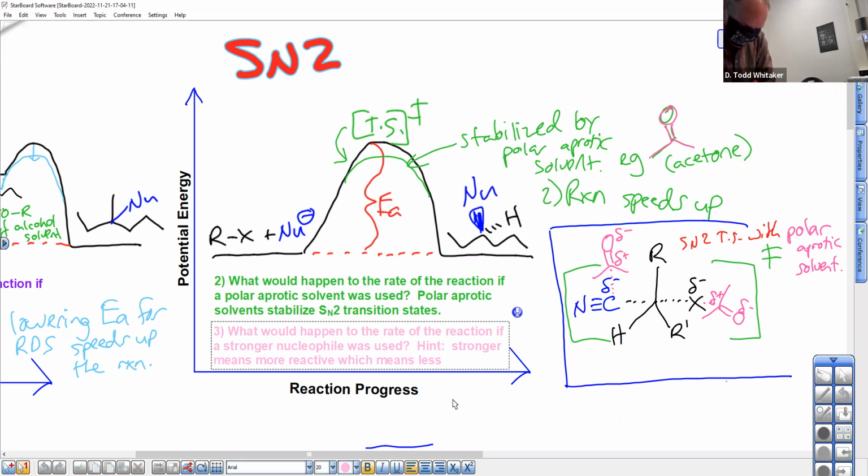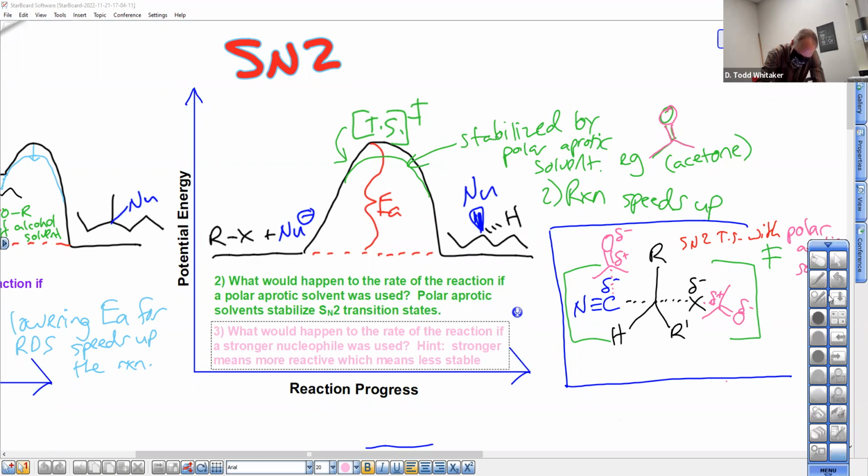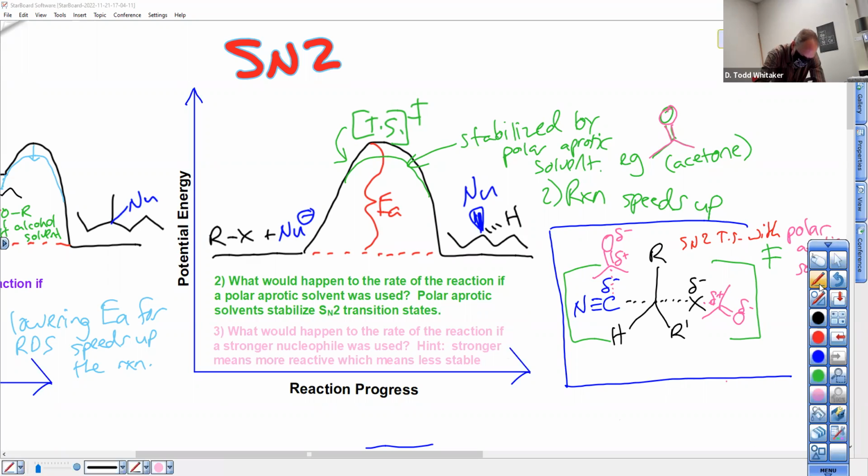Thought I said it. So in pink, if the nucleophile is less stable, what does that do to the reactant starting energy? Higher or lower? If it's less stable, up or down?